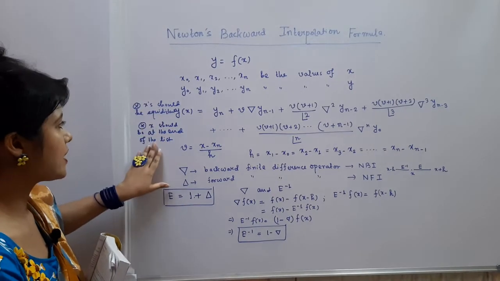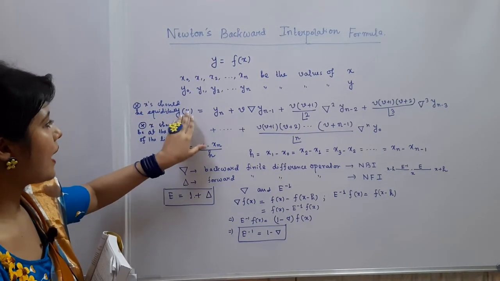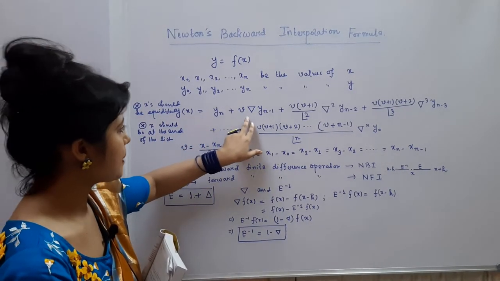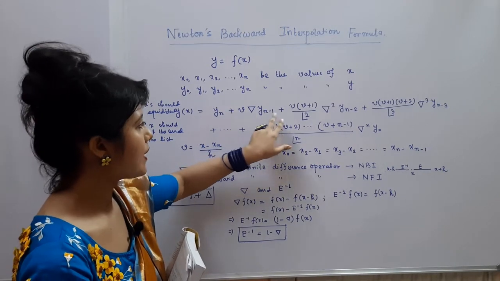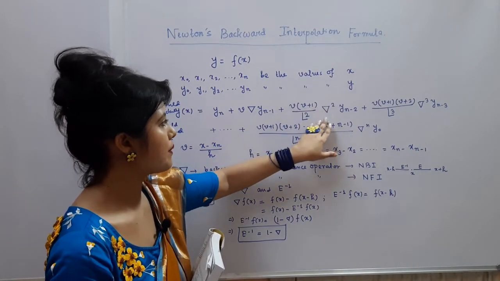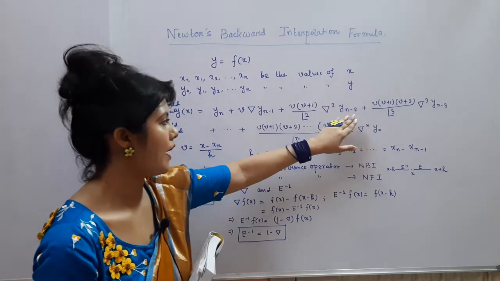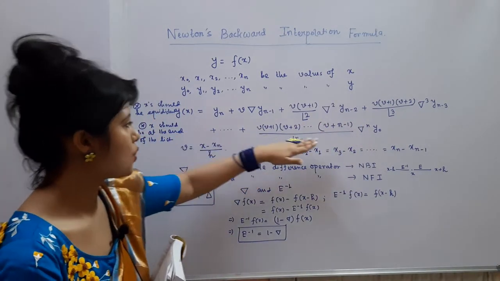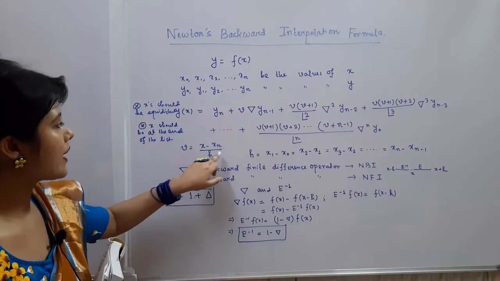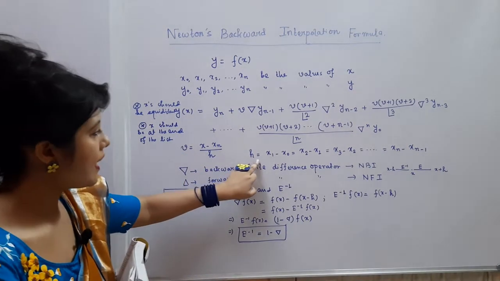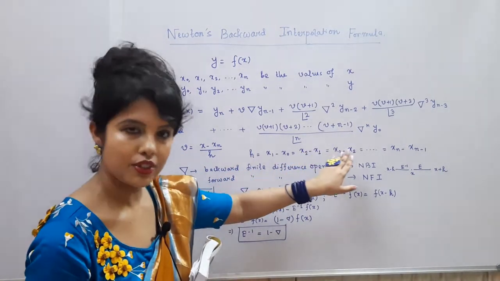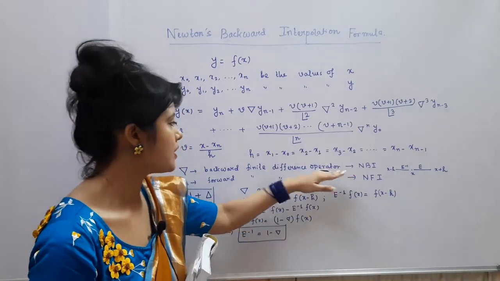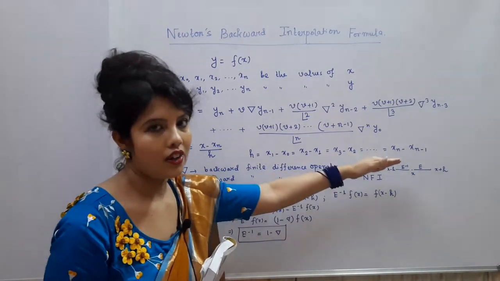If these two conditions are satisfied, then you can write yx equal to yn plus v into delta yn minus 1 plus v into v plus 1 by factorial 2 into delta square yn minus 2, and so on, where v equals x minus xn by h. h is the difference between two consecutive values of x, and they are obviously equidistant, so h is the same for all the differences.